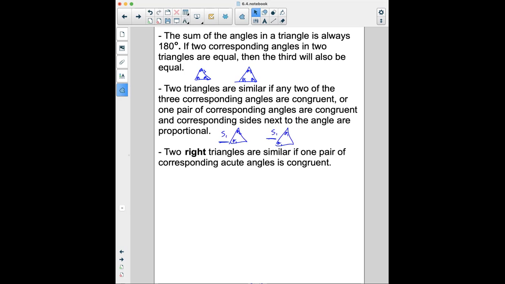Lastly, two right triangles are similar if one pair of corresponding acute angles are congruent. So remember, a right angle there.